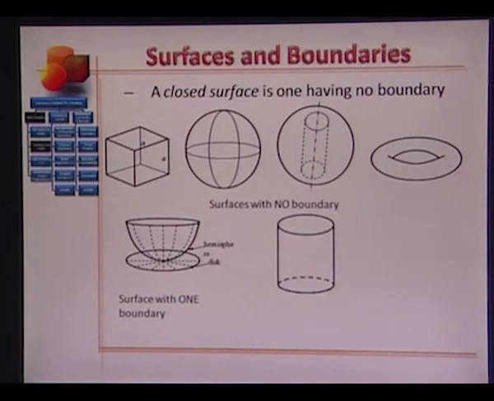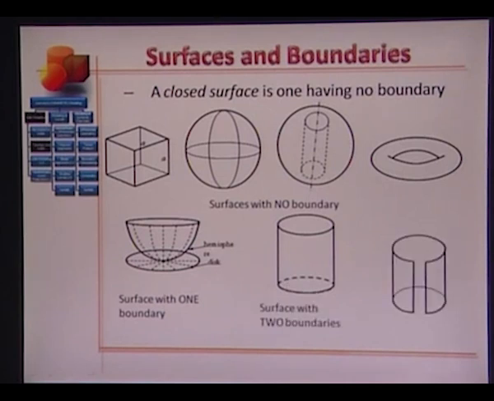This is an open cylinder. This would have two boundaries. This is a rectangular plane folded into a cylindrical form. This shape will have one boundary.